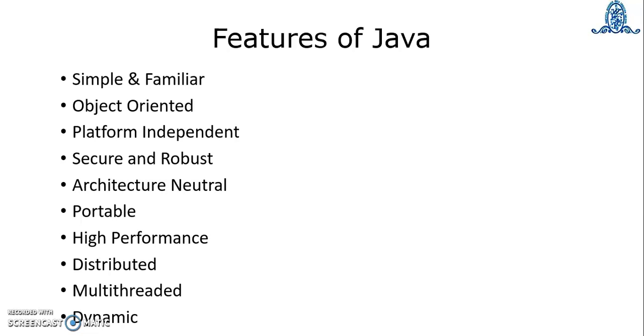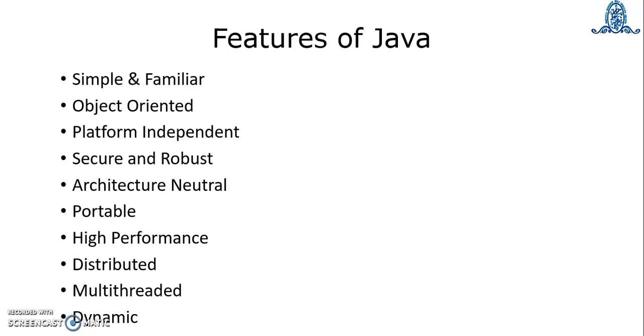Now, what is architecture neutral? Java is architecture neutral because there are no implementation dependent features. For example, the size of primitive types is fixed.